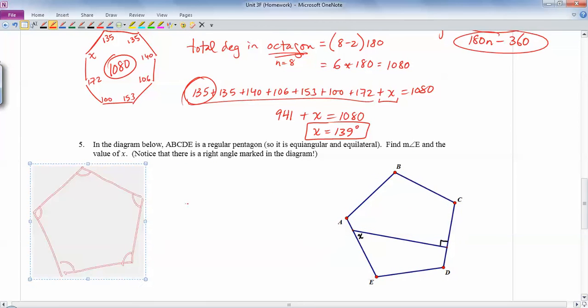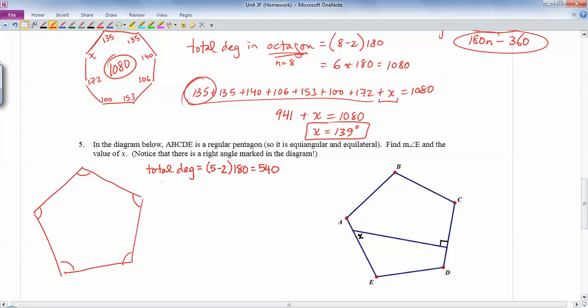Let's slide this over here. And so a pentagon, total degrees would be n minus 2 times 180. So that's going to be 5 minus 2 times 180, which is 3 times 180, which is 540.